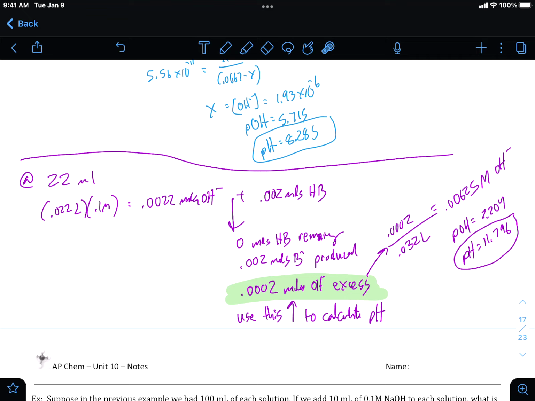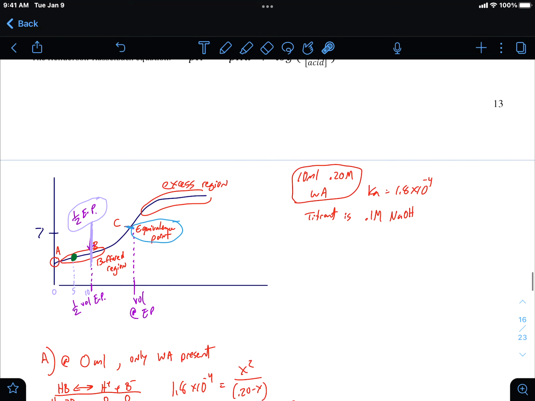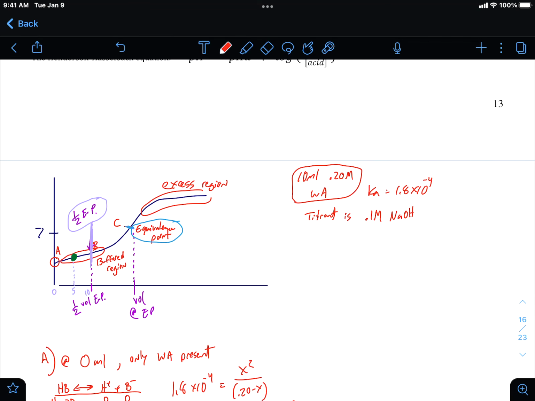Okay. So let's wrap this up. We just calculated 22 milliliters right here, right? 22 milliliters.